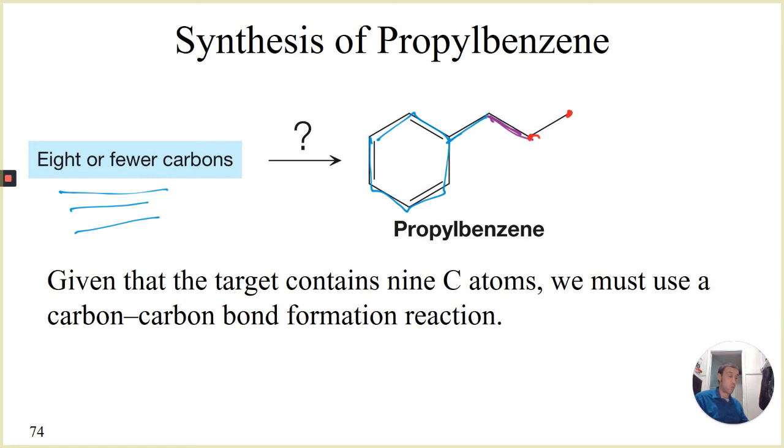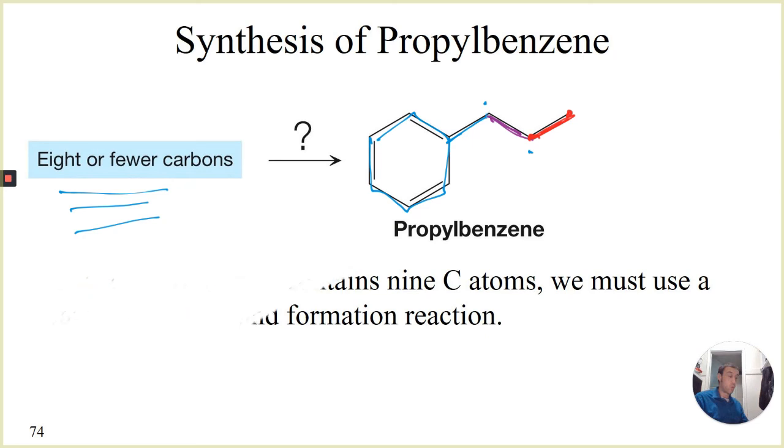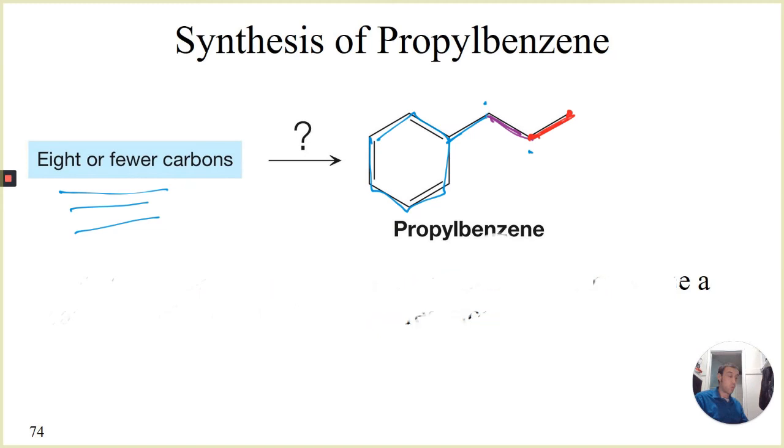Okay, so let's take a swing, because when I look at this, I want a little bit more carbons in my structure. So if I was to make that, I need to connect those 2 carbons. Okay? One way to do it, carbon-carbon formation, would be a Wittig. Okay? So let's take an attempt at a Wittig reaction for this.